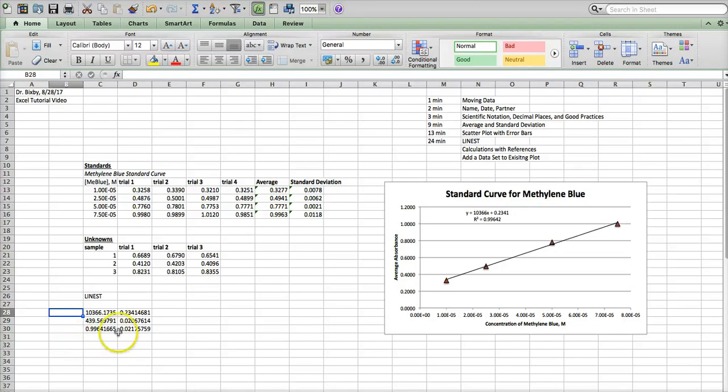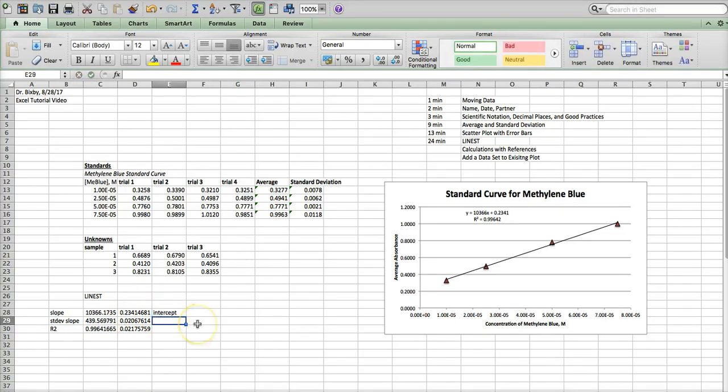So this table that it's given you here, now this is the slope. This is the standard deviation of the slope, so you actually have an error value for that. This next number here is the r-squared value. This value is the intercept.